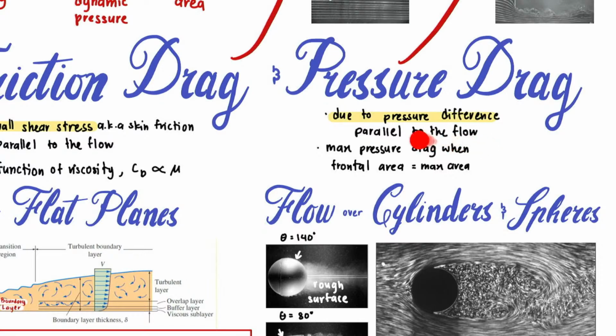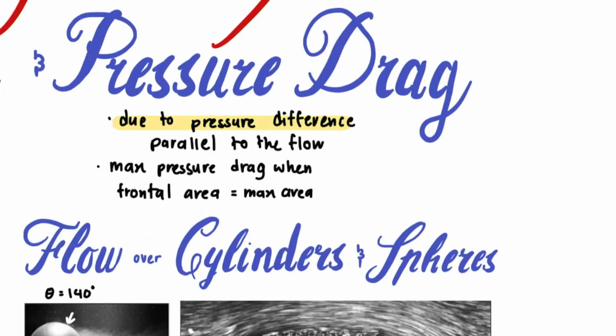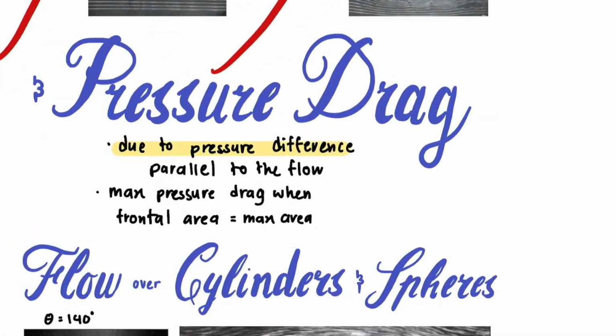Max pressure drag occurs when the frontal area is at max area. What does it mean, the pressure difference parallel to the flow? You see here, guys, take note. Pressure difference parallel to the flow.